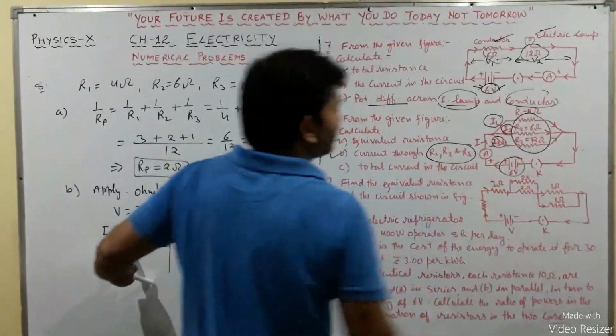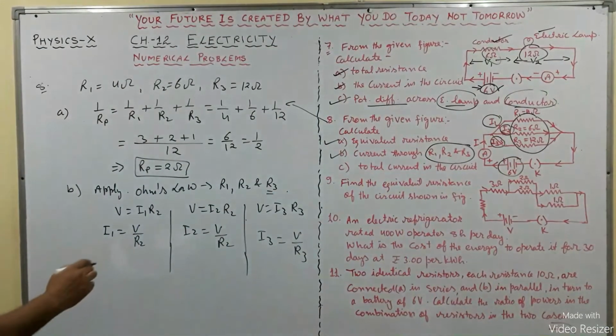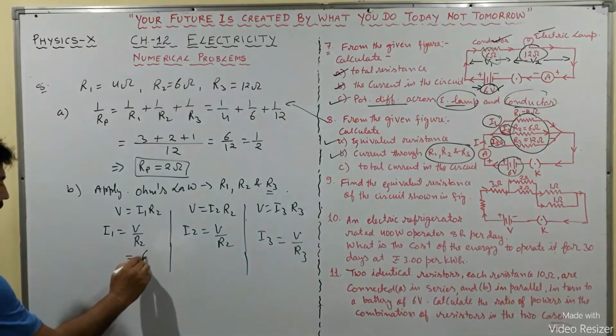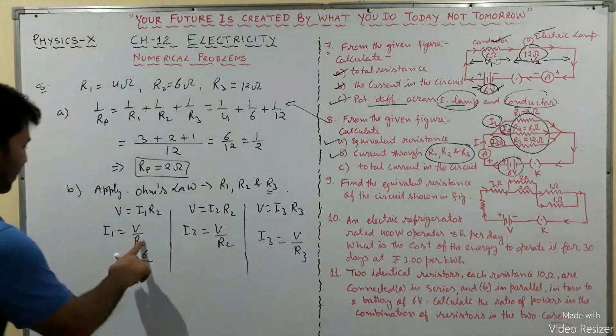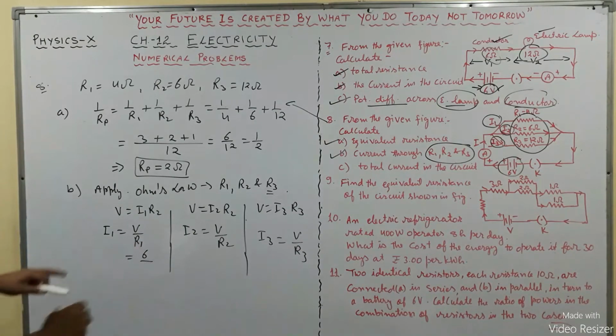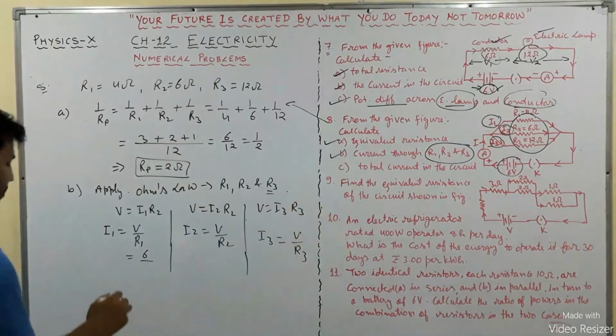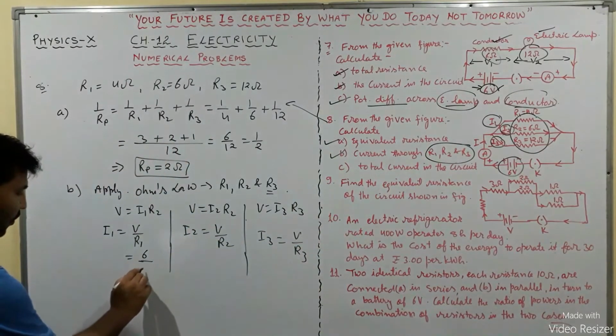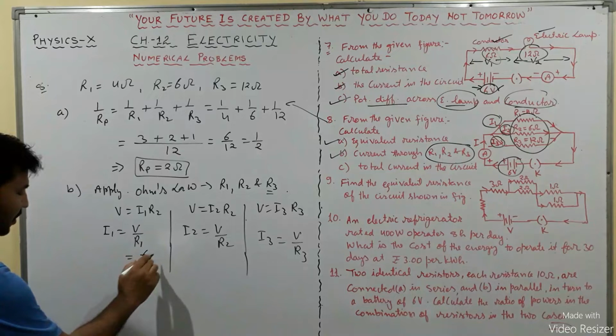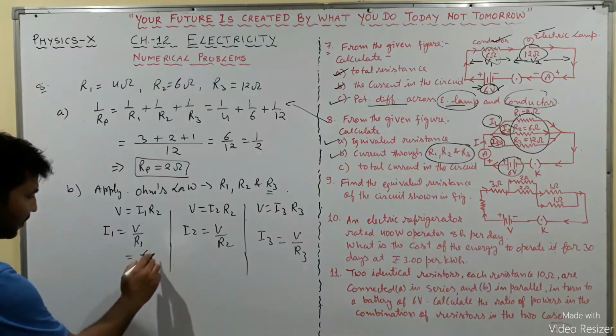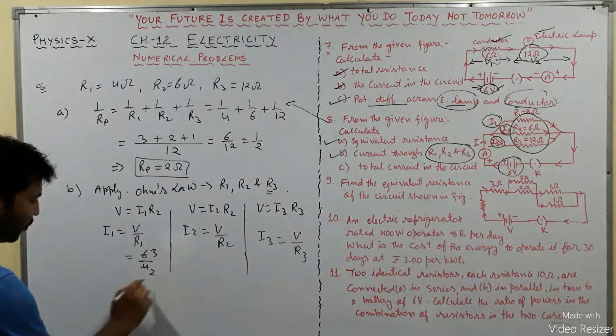It is the potential difference provided by the battery. That is 6 by R1. What is R1? R1 is 4. You can cut it in the table of 2, 3, 2.